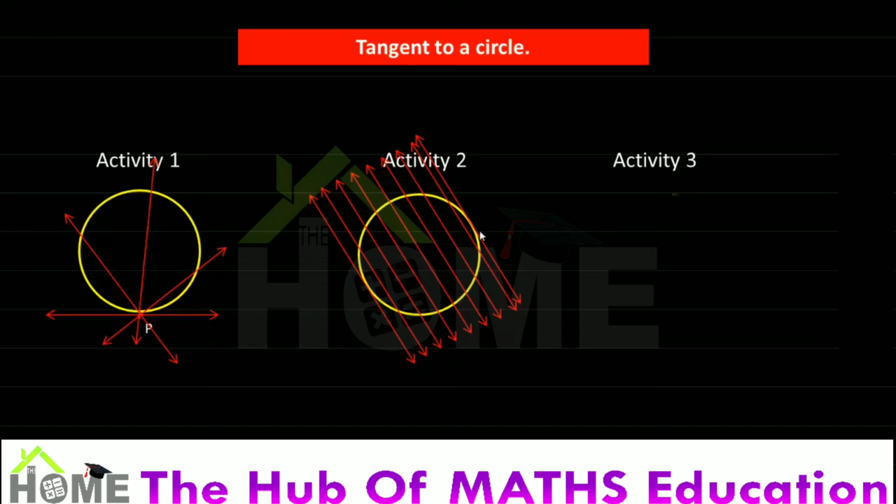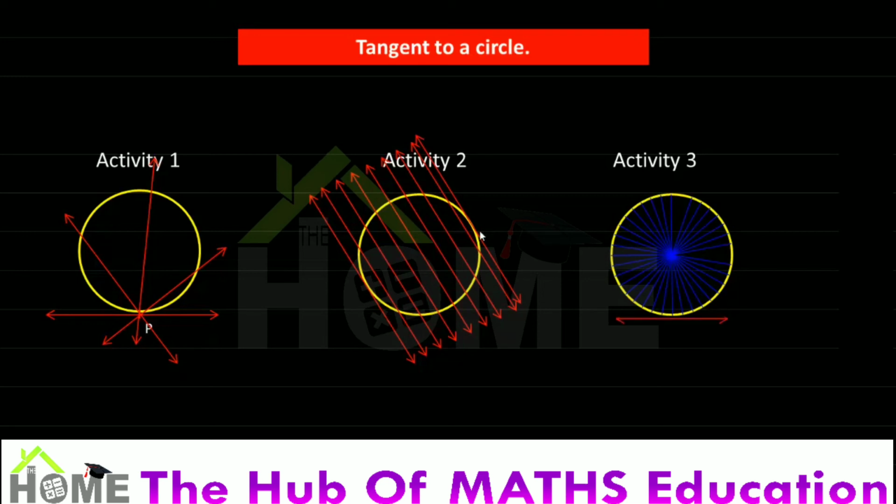Now let us see the third activity. Draw a circle, then draw all the radii of the circle. We cannot draw all the radii because there are an infinite number of radii, but try to draw the maximum number of radii you can.